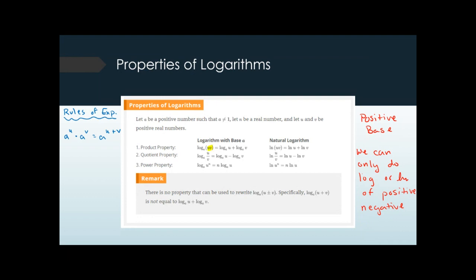We're multiplying, and then it turns into addition. The logarithms are basically working on the exponents. So when you're multiplying exponents, you add the exponents. So if you're multiplying inside a log, you can turn it into addition.